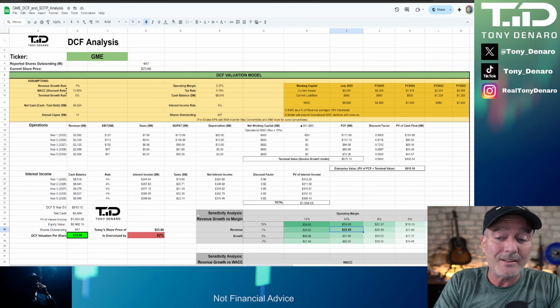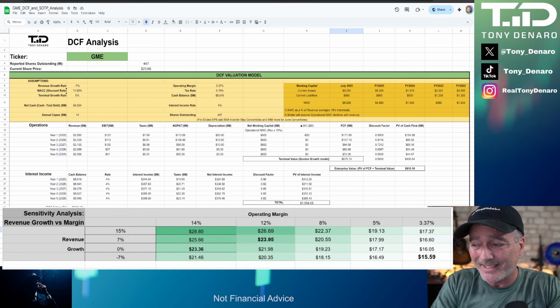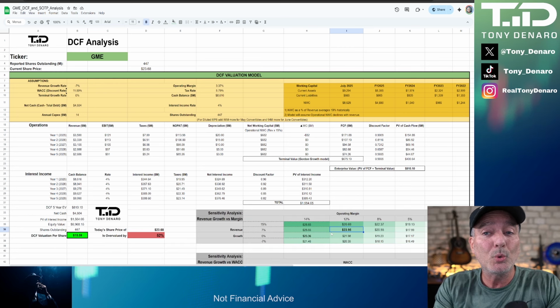And if you don't like the number in the bottom left-hand corner, you can look at the sensitivity analysis table here and look at what it would take GameStop to do to get to a number that you do like. This is a tool. The tool is only as good as the assumptions that you plug into it.